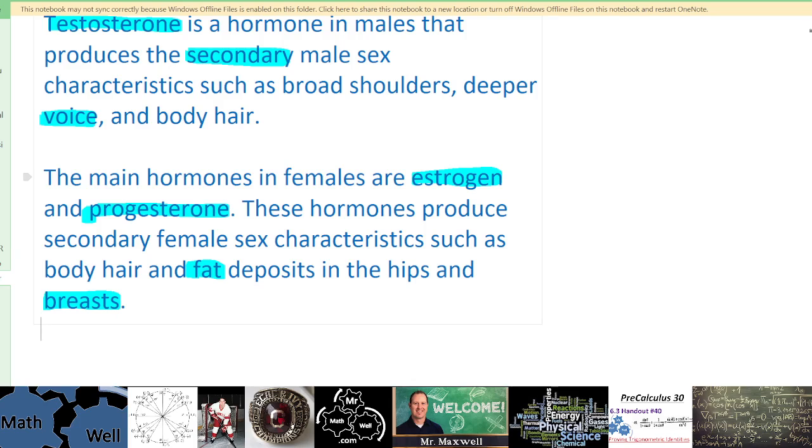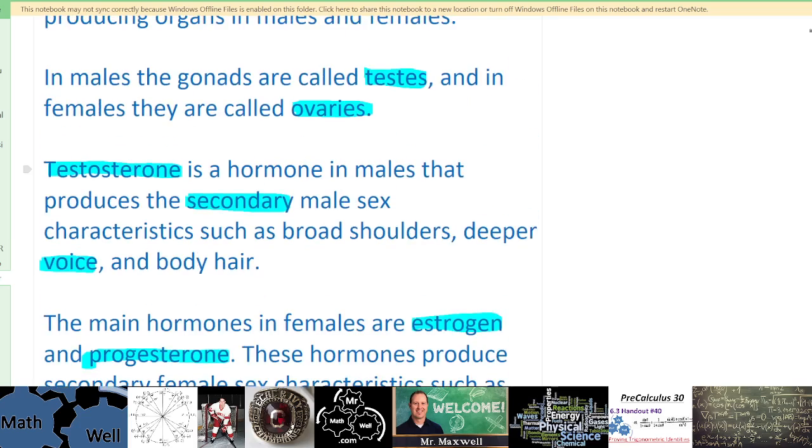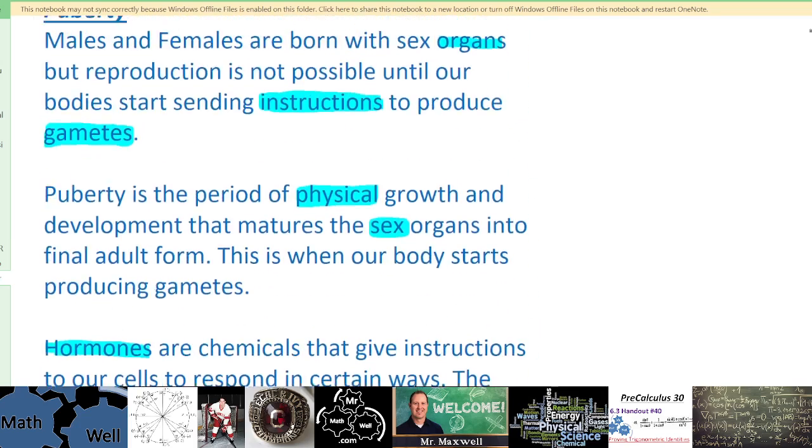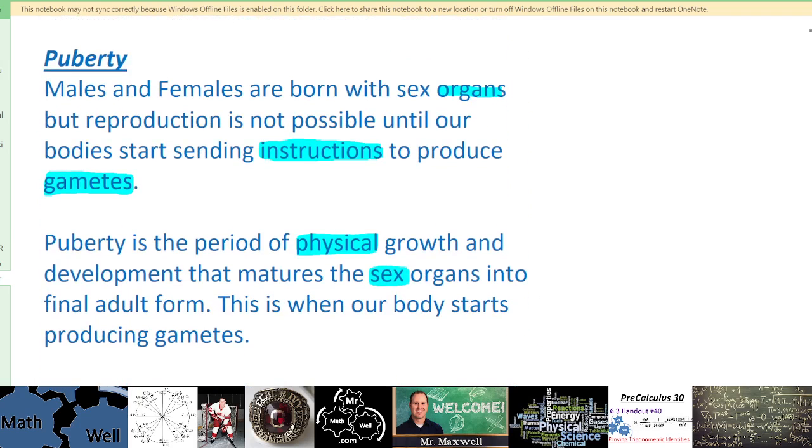All of that is changing. You're probably experiencing that a little bit, but know that it's a natural process. It does take some maturity to understand and deal with, and it's a wonderful thing.